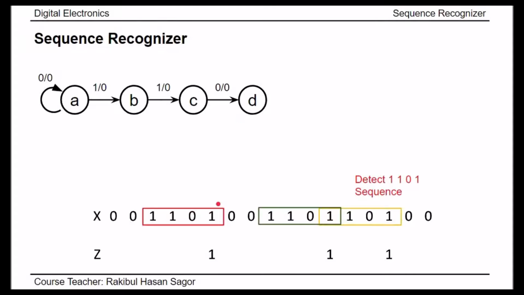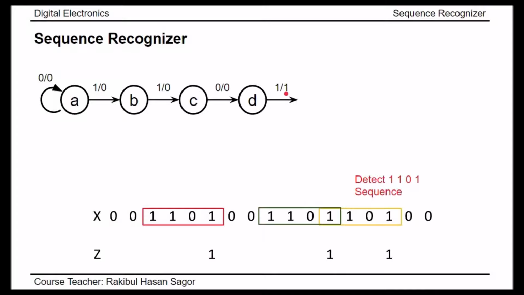If we get the next input as 1, what will be the next case? If we get the next input as 1, the output Z must be equal to 1, because after D, if the input is 1, that means we have got 1, 1, 0, 1, completing this sequence. This is for sure. So output Z will be equal to 1. There is no doubt about this.